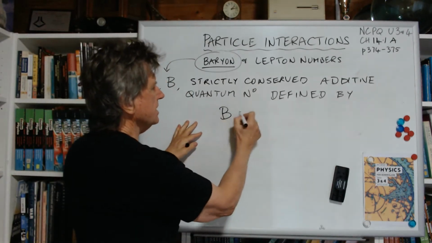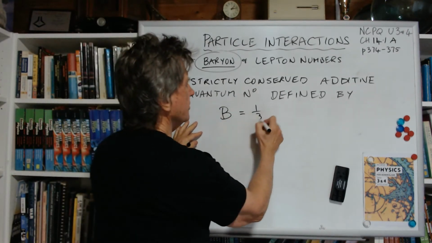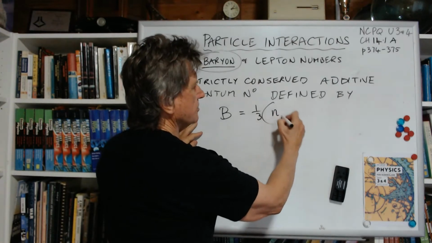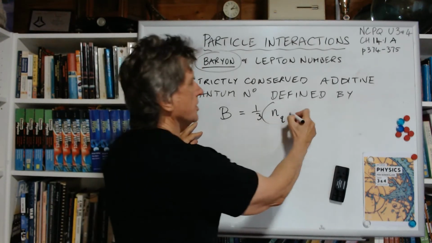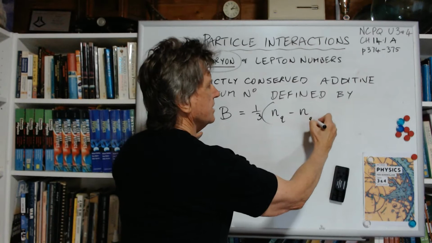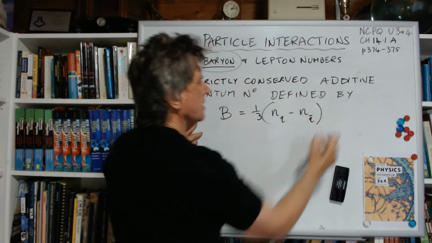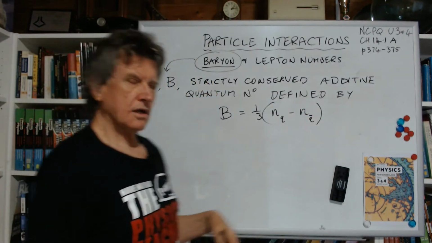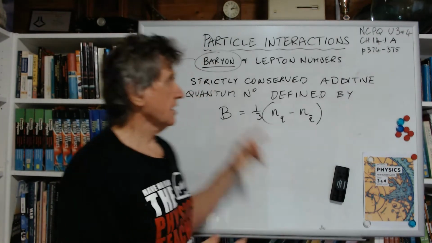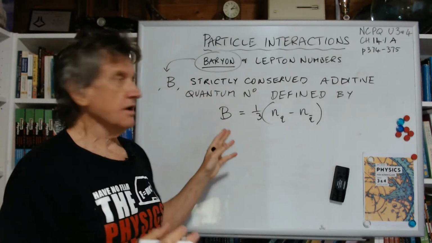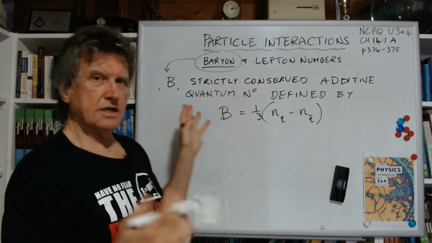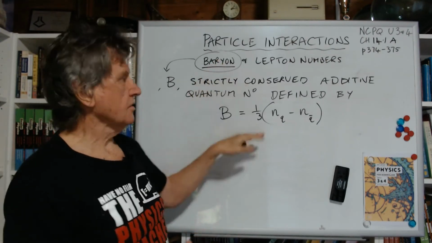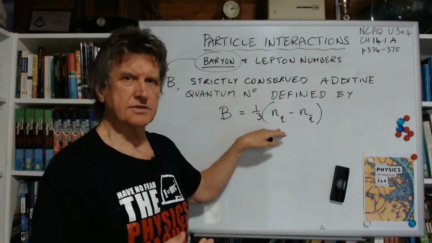It's just B equals 1/3 of the number of quarks minus the number of antiquarks. Now, if I were you, I'd learn that off by heart. Learn that statement off by heart, and that's basically all you'd have to do, apart from describing what these numbers mean.